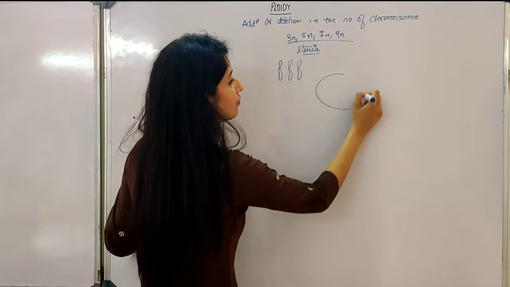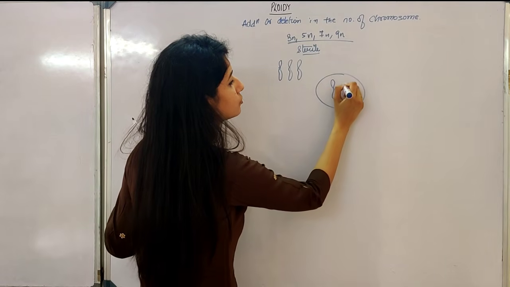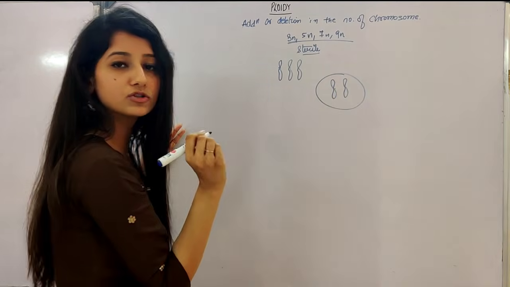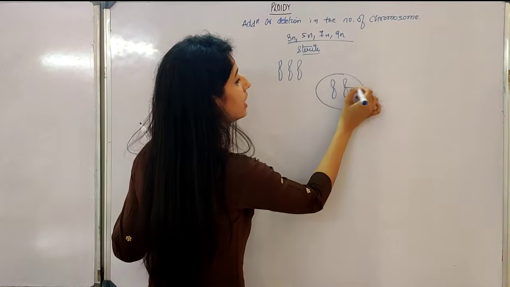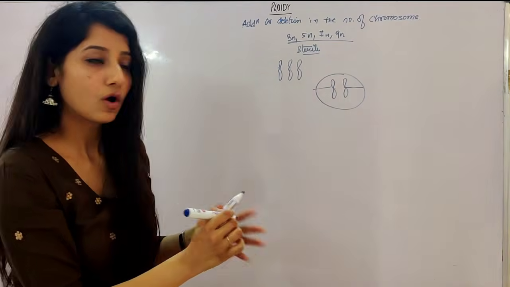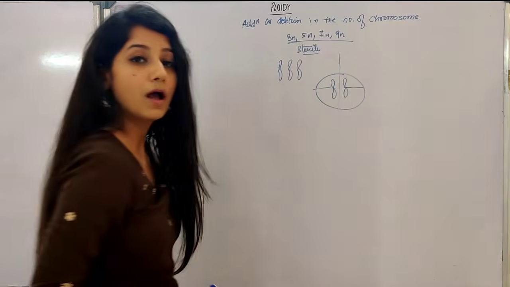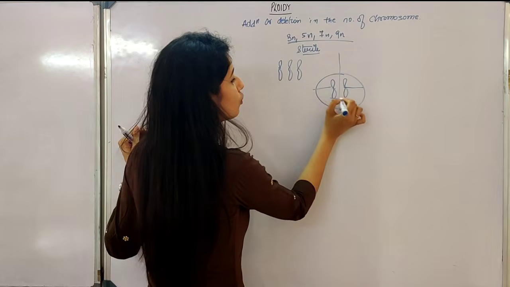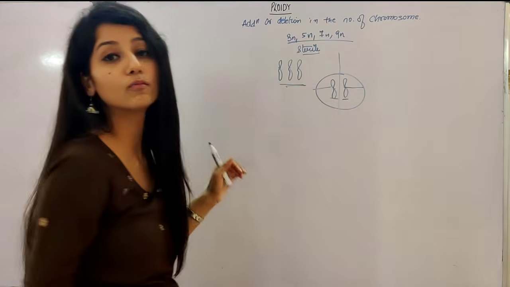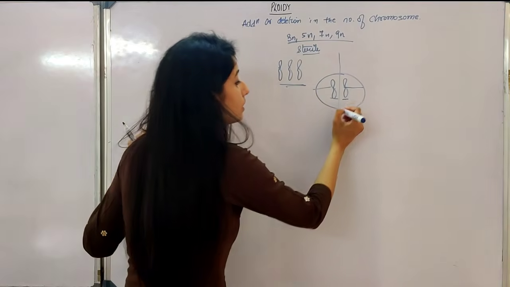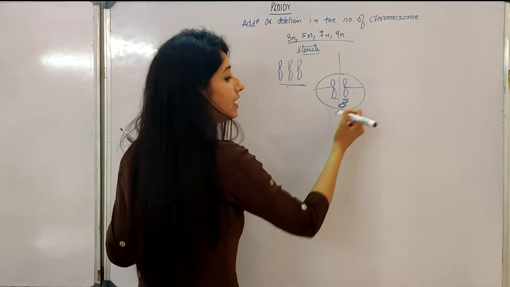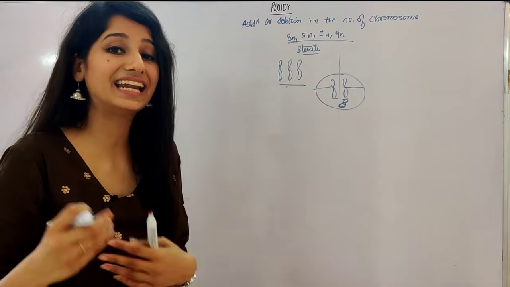Now in the case of meiosis, what happens? Generally the 2 chromosomes will align with each other, they pair and they get separated, and they form 2 cells. But now there, instead of 2 chromosomes, 3 chromosomes are present. So what about the 3rd chromosome? It will pair up with whom and how will it get divided?